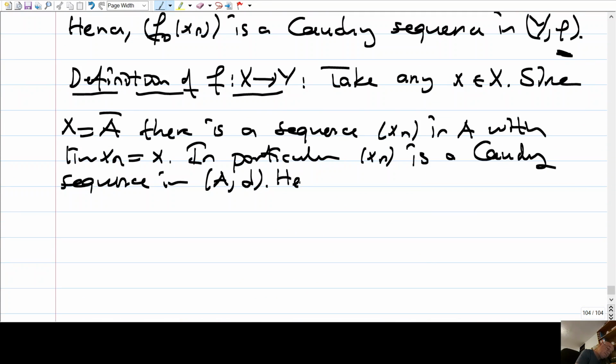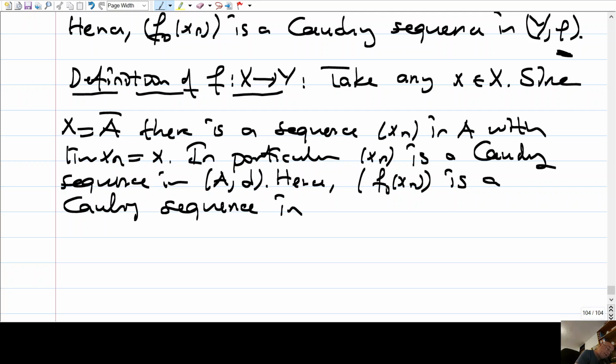Hence, f0 of xn is a Cauchy sequence in Y rho. Well, Y rho is a complete metric space. Therefore, every Cauchy sequence is convergent.